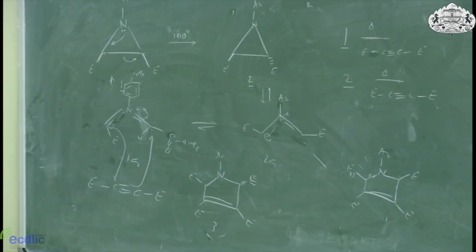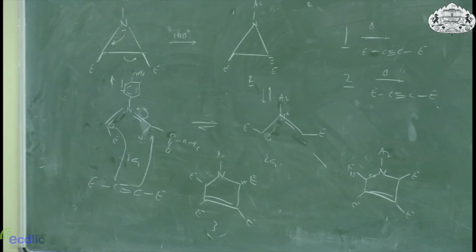When I heat 1 alone, I get a mixture of 1 plus 2. When I heat 1 in the presence of acetylene dicarboxylate, 1 gives you only 3, 2 gives me only 4. So, how do I explain this?